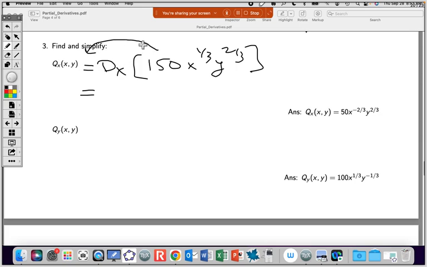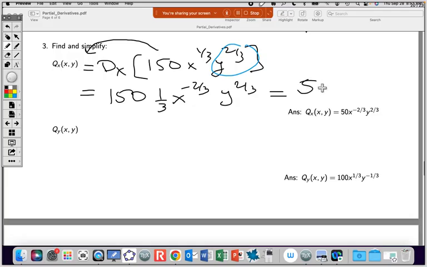And then what else is a constant? Yeah, the y piece is a constant. So that would stay the same. I just take the derivative of the x piece. That's going to give me 50, x to the minus 2/3, y to the 2/3.